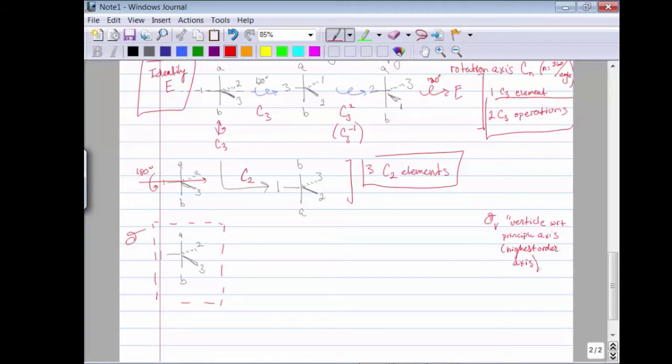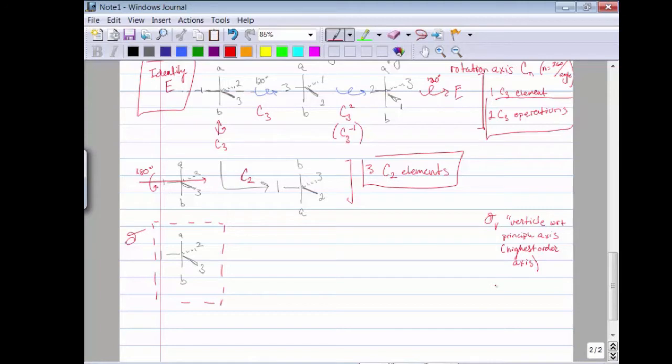The order is basically, with my C3, the order is 3. With the C2, the order is 2. So my highest order axis is C3. And the C3 axis is in that mirror plane. And so you call it a sigma V.